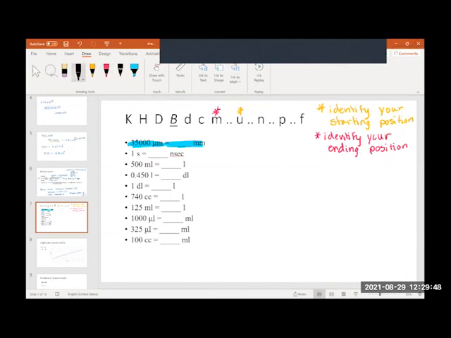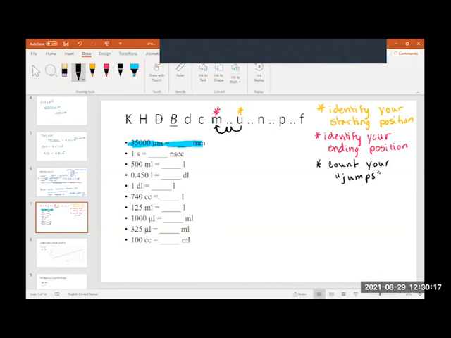Next step, count your jumps. What do I mean by that? Count how many spots you need to jump to get from your starting position to your ending. So here we go. I need to go 1, 2, 3 positions.